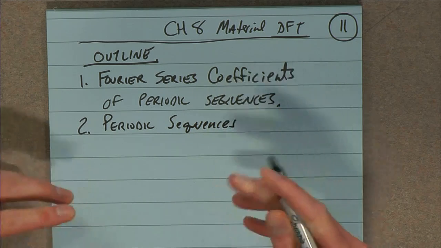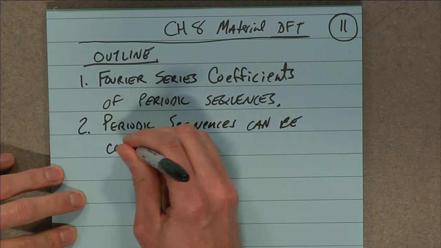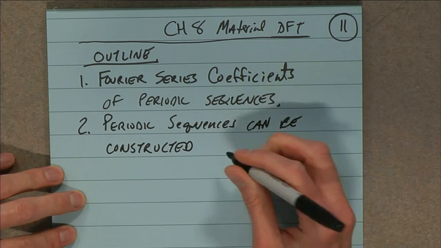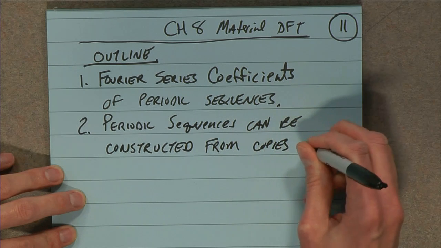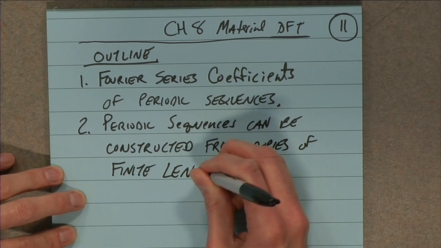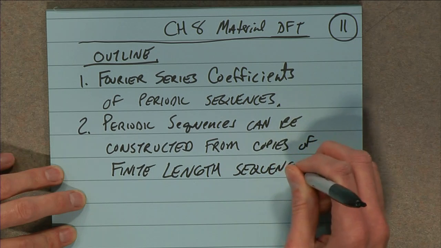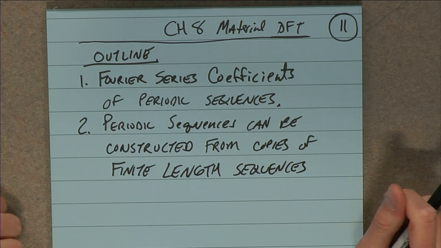These periodic sequences can be constructed, we can kind of make them up from finite length sequences, or from copies of finite length sequences. You can imagine just taking a copy paste and putting a whole bunch of finite length sequences together and saying, okay, now it's periodic. It goes on forever in both directions.